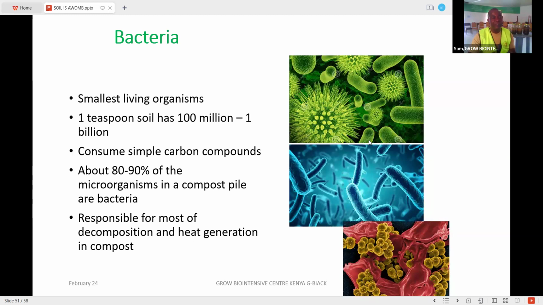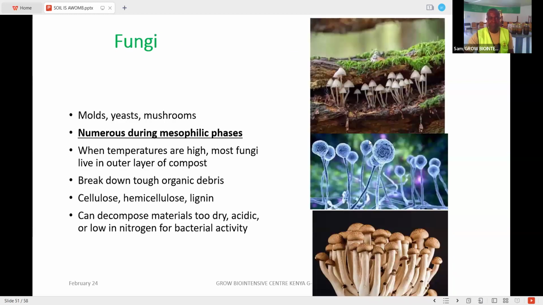Bacteria are of different shapes and sizes, and they keep changing their sizes and shapes depending on where they are. Number two, fungi. When you see molds growing on food that has stayed outside the fridge or is going bad, you'll see some white stuff on top of the food. Those are fungi.